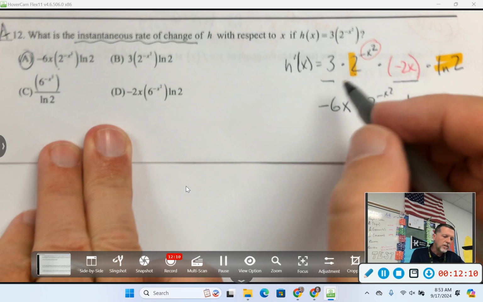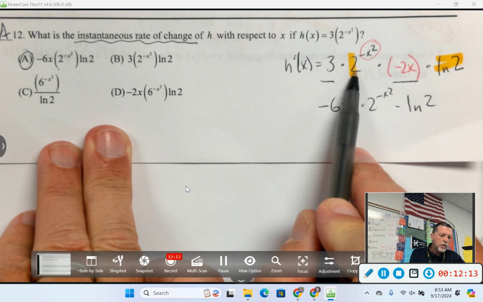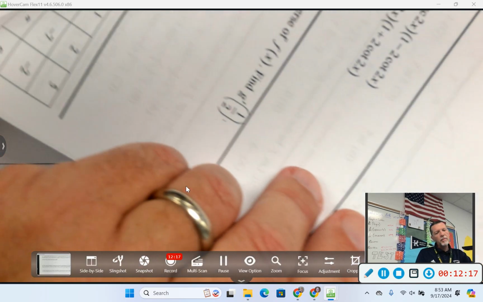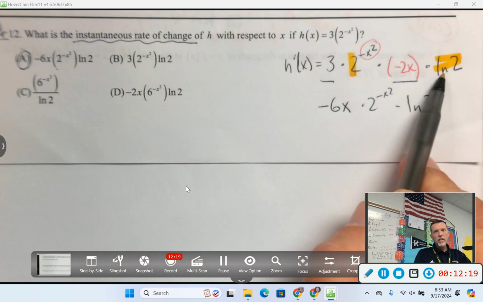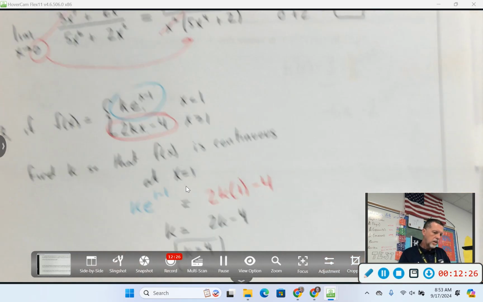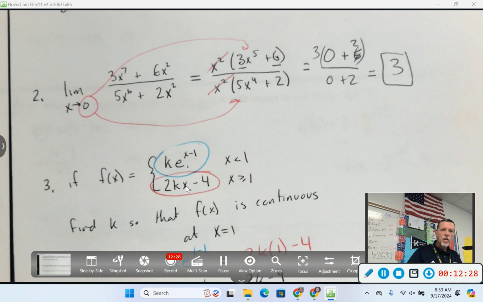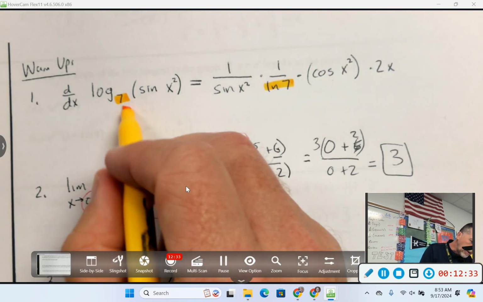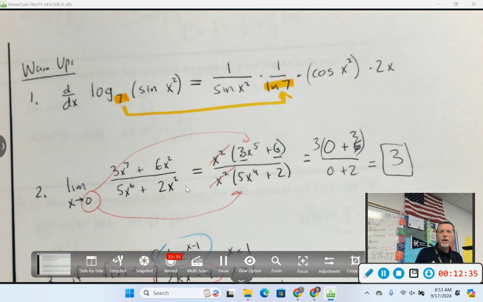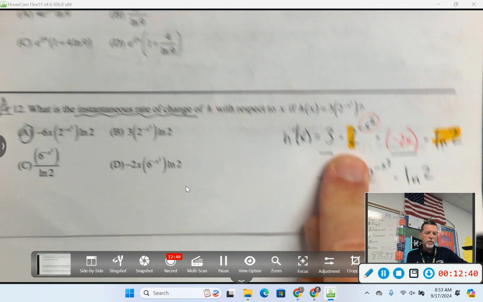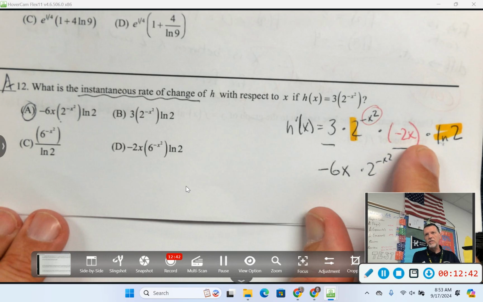And so if it's an exponent problem, you multiply by the natural log of the base. If it's a log problem, you divide by the natural log of the base. On the warm-up, the log was base 7. That's where we divided by natural log 7. On this problem, it was an exponent problem, so we multiplied by natural log of 2.